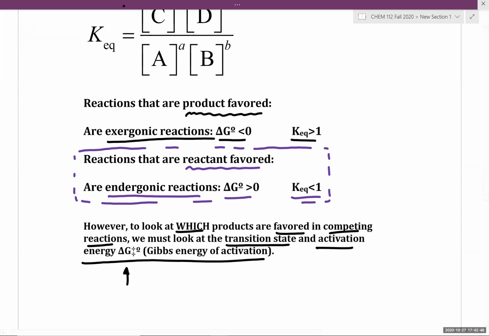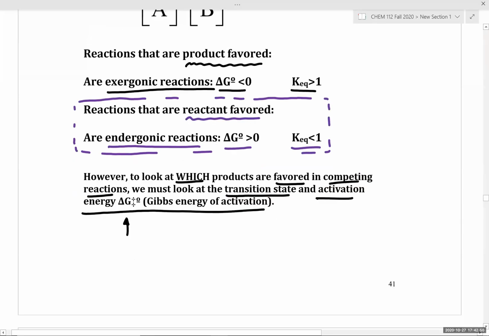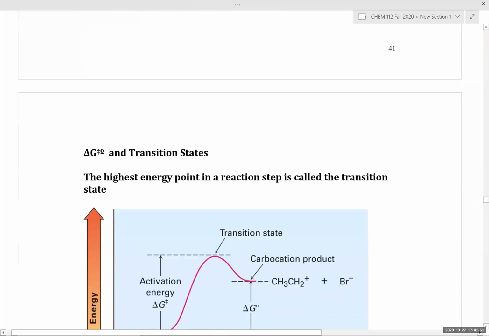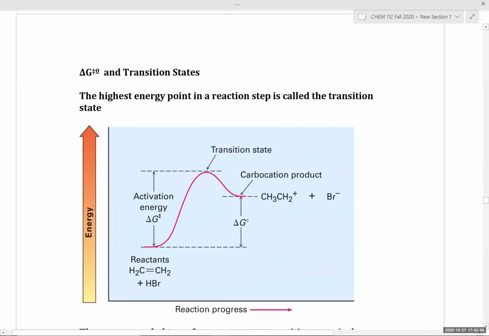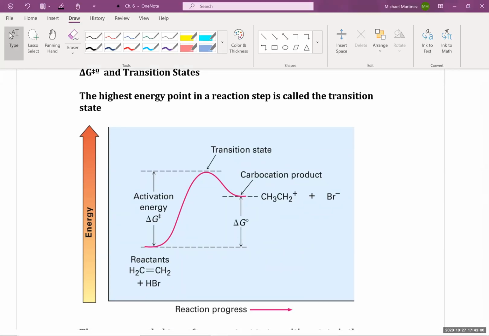So let's do just that. Let's look at a typical reaction pathway and talk about how we can understand what's going on in a typical chemical reaction.